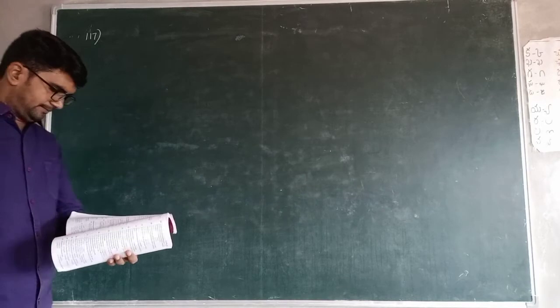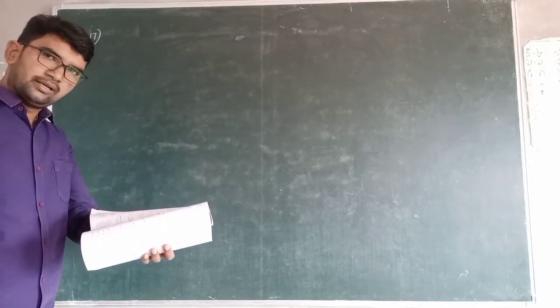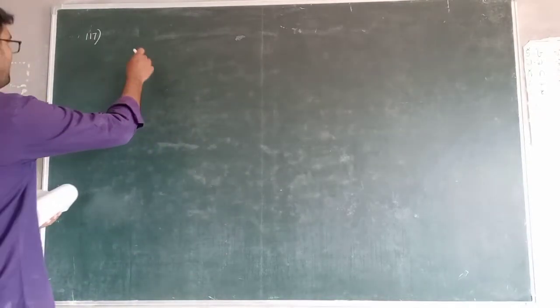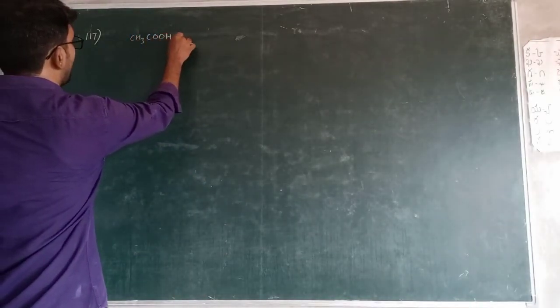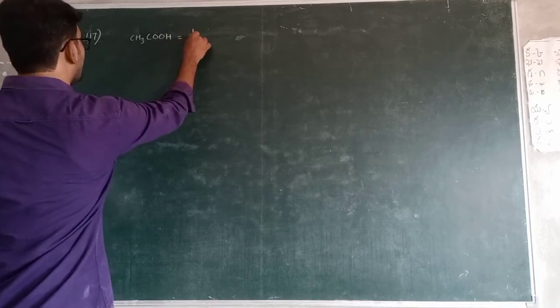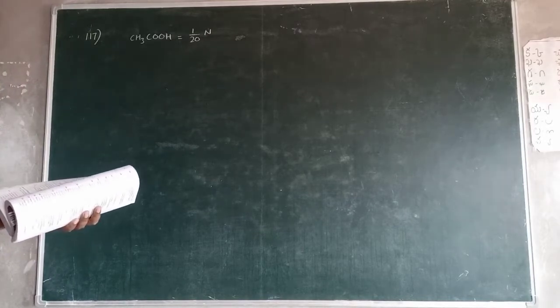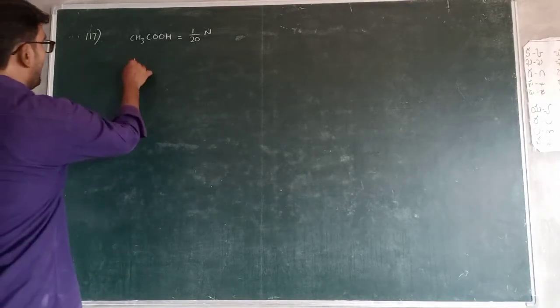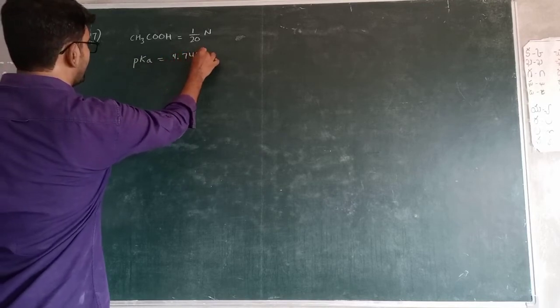Now 117. A definite volume of CH3COOH, the normality value is given. CH3COOH normality is 1 by 20 normality. This is the concentration of acetic acid. The pKa value is also given, 4.7447.